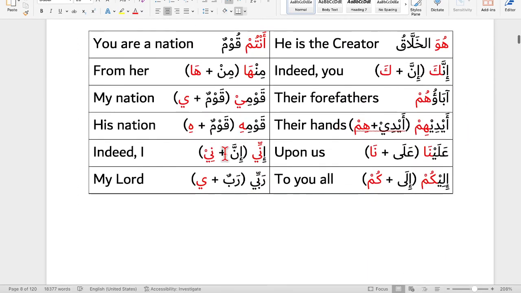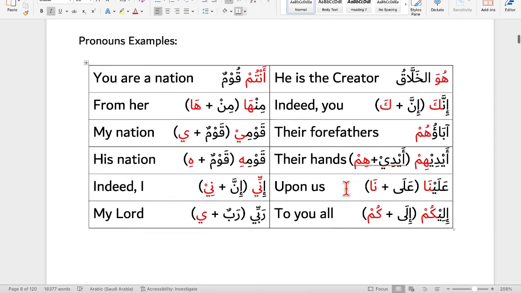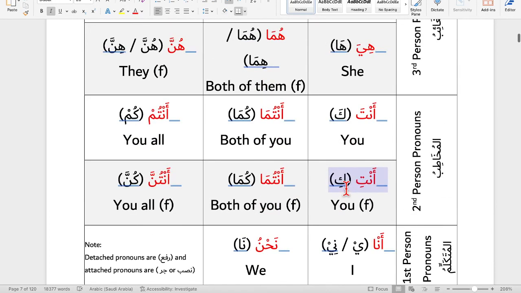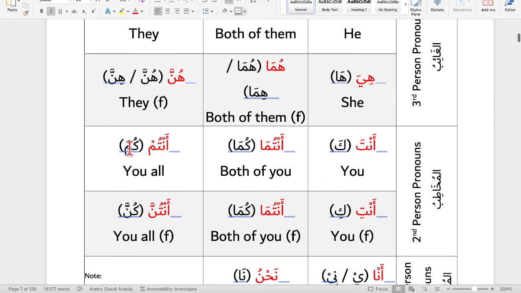Inni, inna plus ni, indeed I. Ilaykum, to you all. Ila means to, kum you all. Ilaykum, to you all. Kum is for antum.